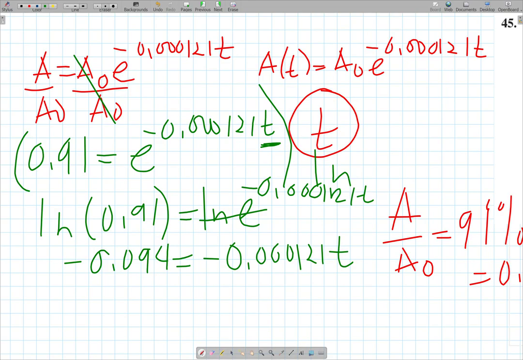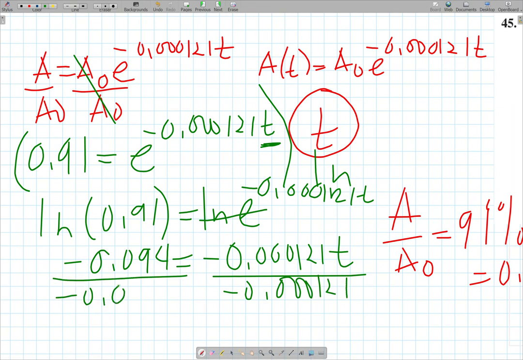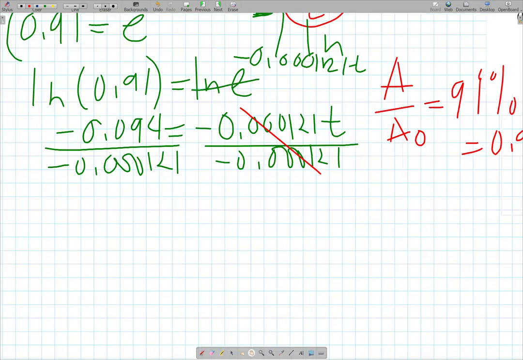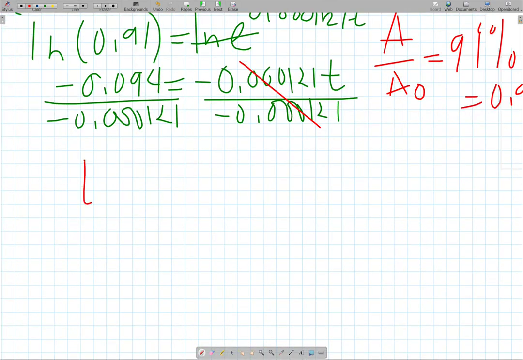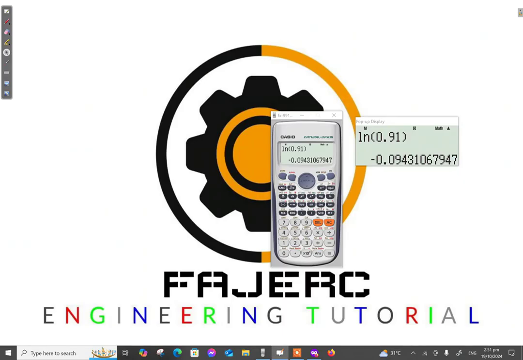Of course, you have to eliminate negative 0.0000121. Both sides, divide by negative 0.0000121. Then we can cancel out. Then ang remaining dyan is the time T, which is equals to, you have to use calculator here.